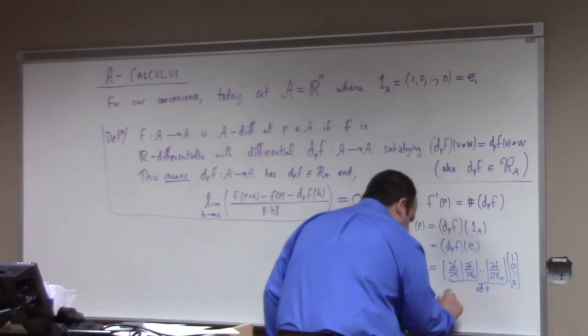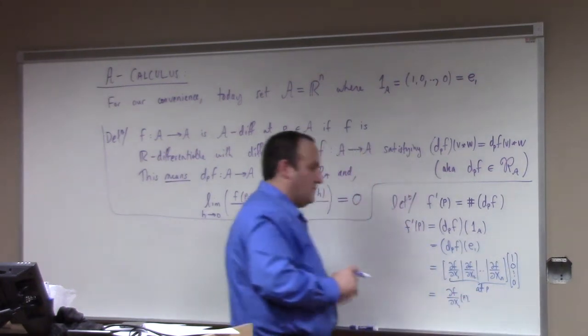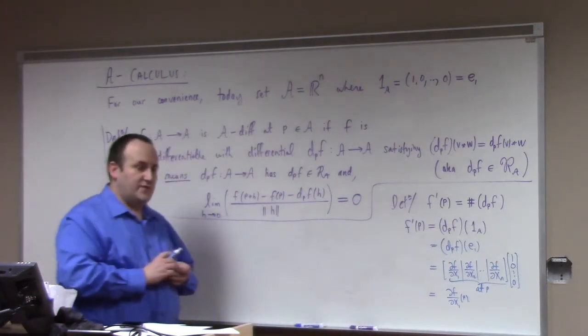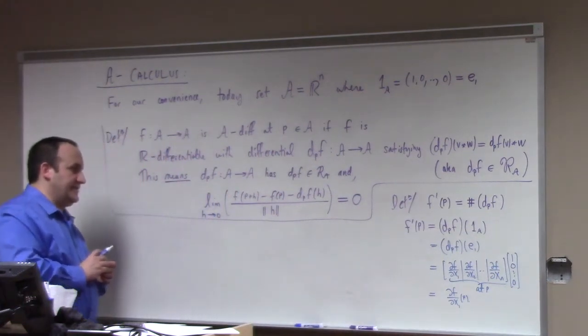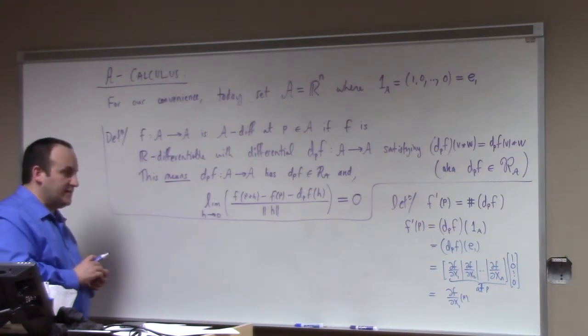Well, that's nothing more than partial f, partial x1 at the point P. So if we have a differentiable function at a point, then its derivative is in fact the same as partial differentiating with respect to x1, making the appropriate identifications.